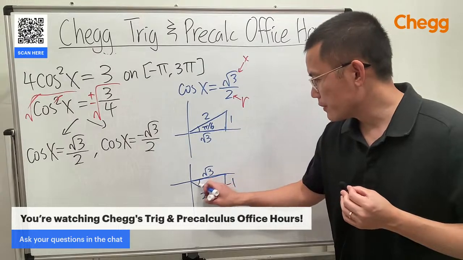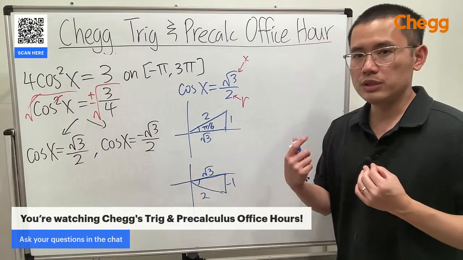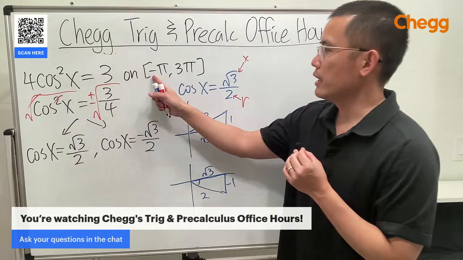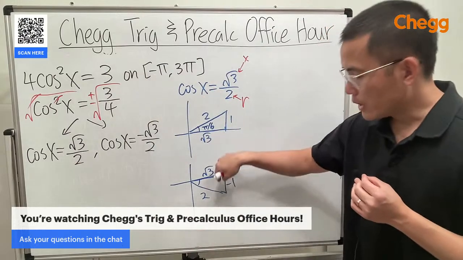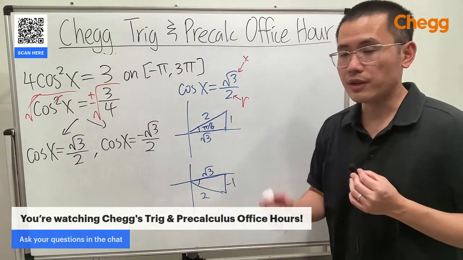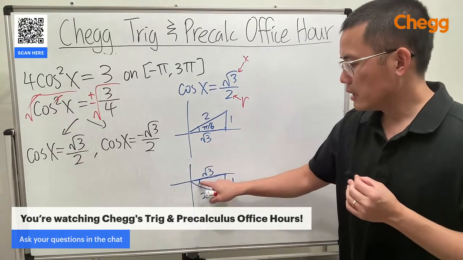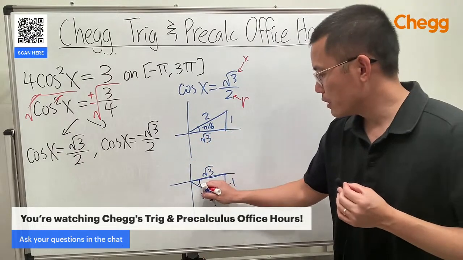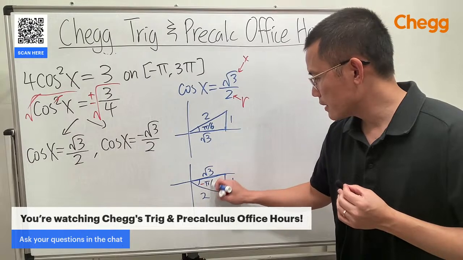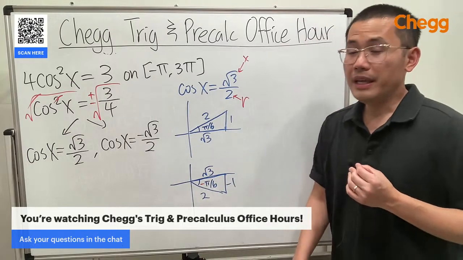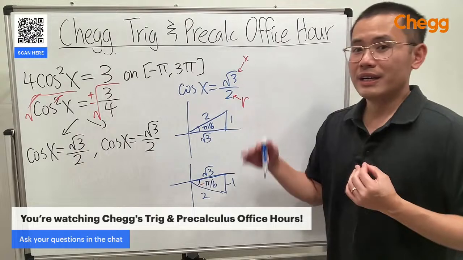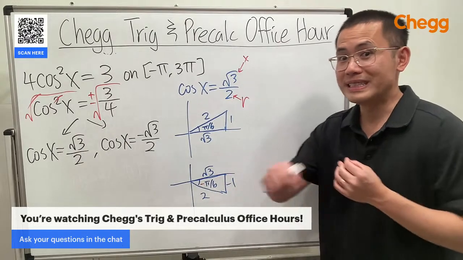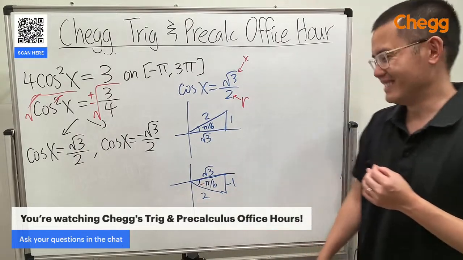What's this angle here? It depends on how you need to answer it. We want to answer it from negative pi to 3 pi, so we are going to consider a negative angle first. When you go clockwise, this right here is negative pi over 6. In my opinion, when you have an interval, this kind of equation is harder because you have to list a lot of them out.